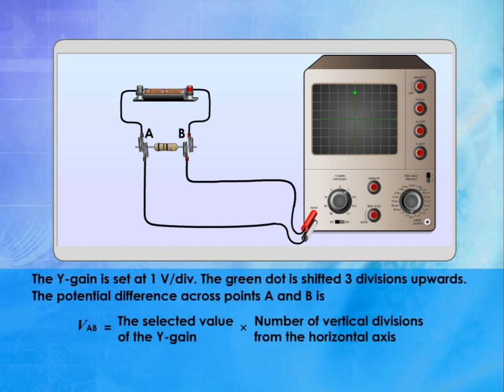The Y gain is set at 1 volt per division. The green dot is shifted 3 divisions upwards. The potential difference across points A and B is calculated by multiplying the selected value of Y gain to the number of vertical divisions from the horizontal axis.